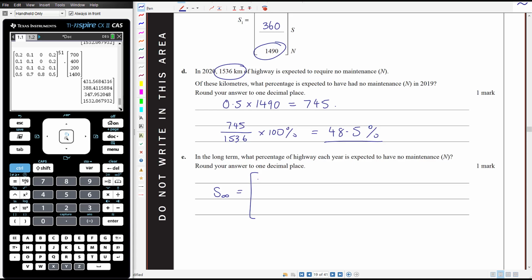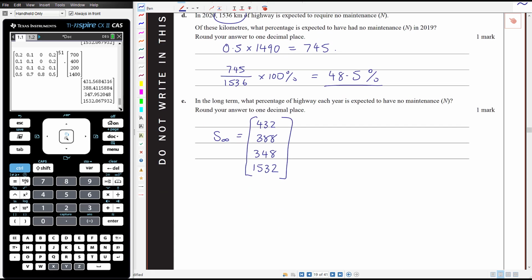So the steady state matrix is 432 kilometres, 388 kilometres, and, sorry, there's 4 rows in it. So 432, I'm just rounding to the nearest kilometre. We just want to be a bit careful about the rounding here though. 388, 348, and 1532.